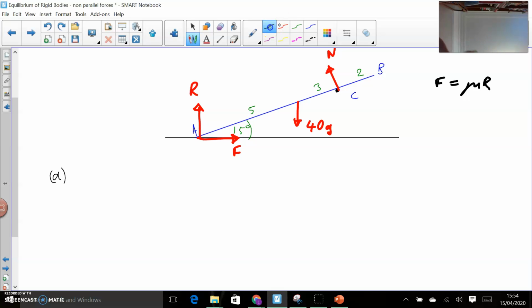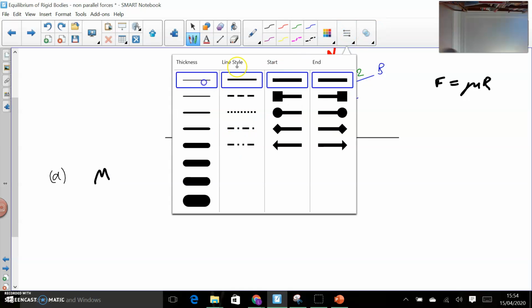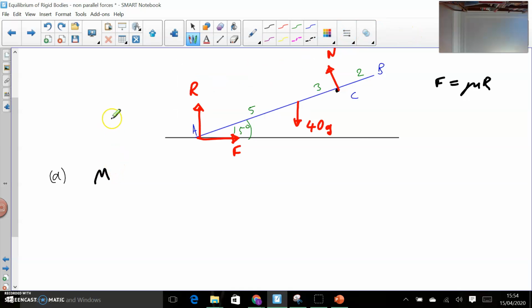So we write this: moments about A. That means taking moments, because it's the turning effect about A. And if you remember how you calculate the moment, it's force times perpendicular distance from the line of action of the force.